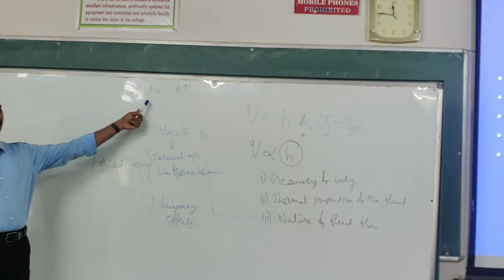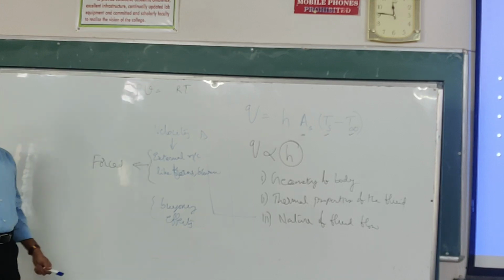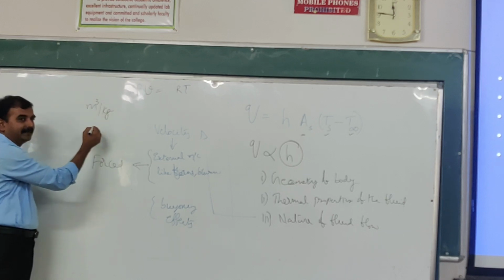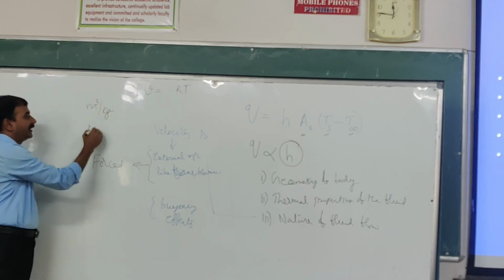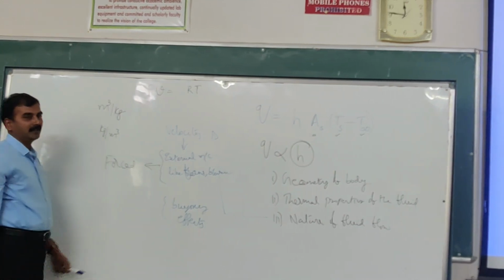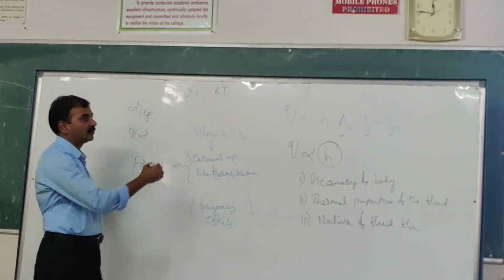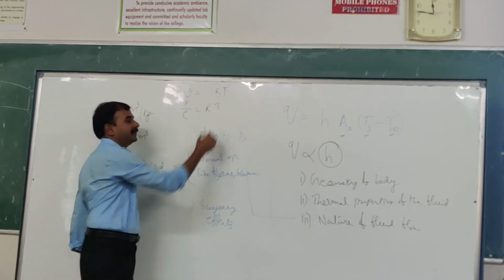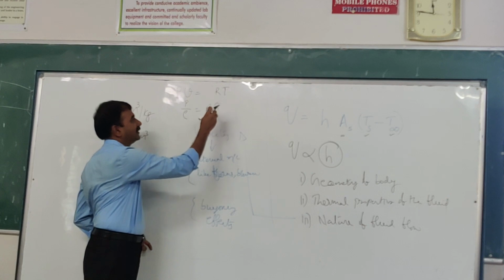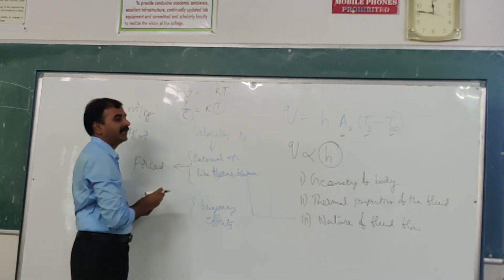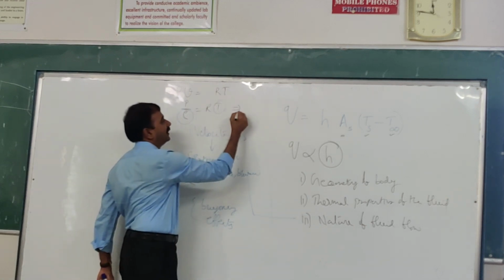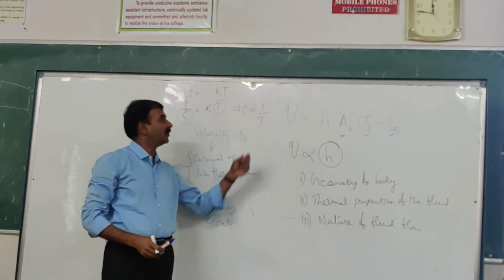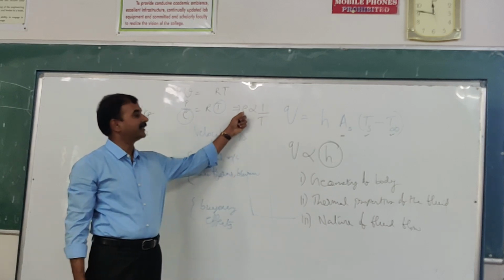What is the relationship between v and rho? Specific volume is meter cube per kg, density is kg per meter cube. So v is 1 by rho. So this can be written as P by rho is equal to R into T. Now see this: density is inversely proportional to temperature. So the higher the temperature, the lesser the density.